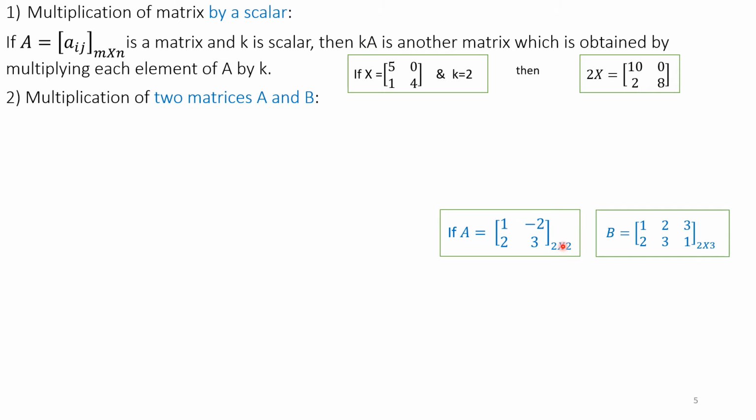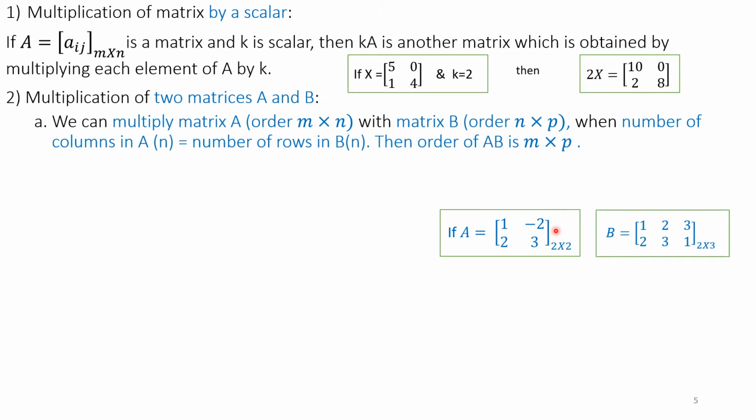Here in this case we are multiplying A by B. So let us understand the rules. We can multiply matrix A of the order m by n, where m is the number of rows of matrix A and n is the number of columns, with another matrix B of the order n by p, where the number of rows is n and the number of columns is p.